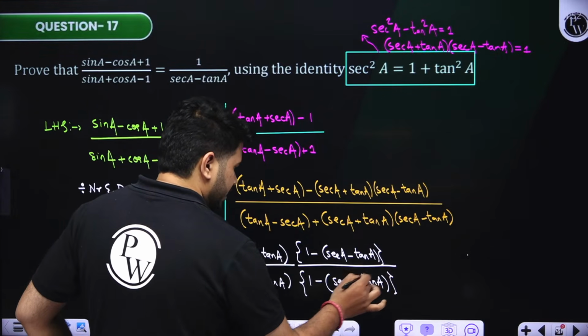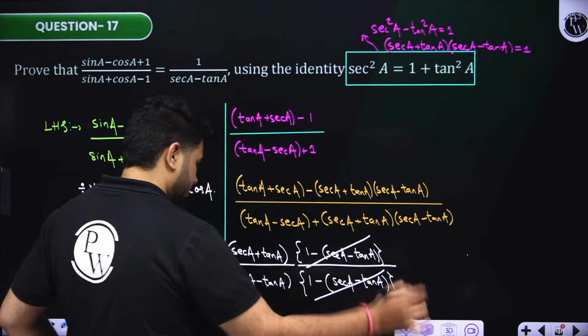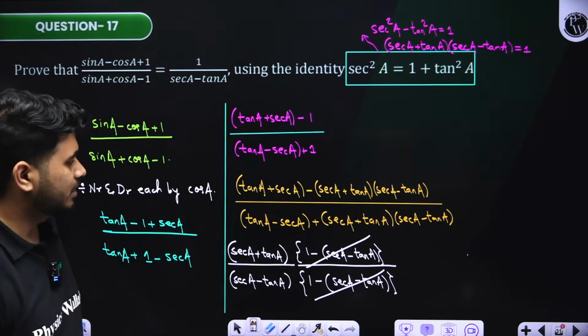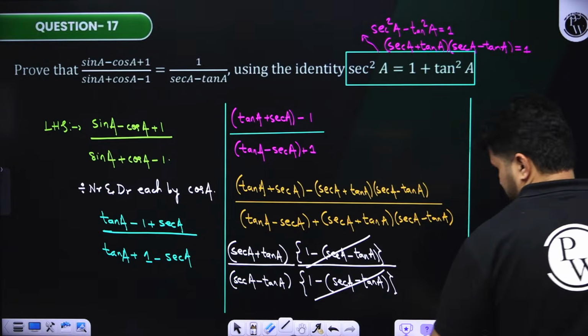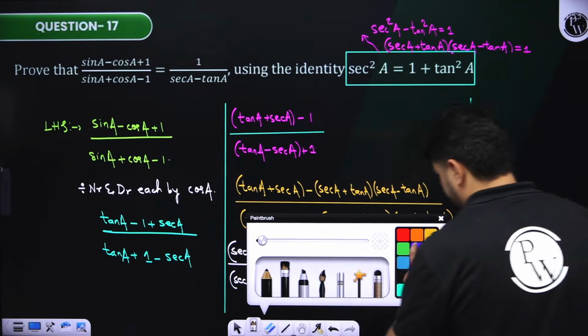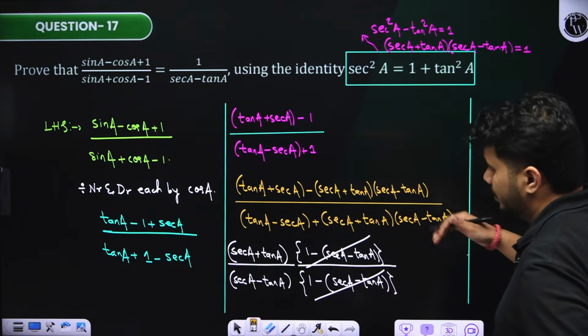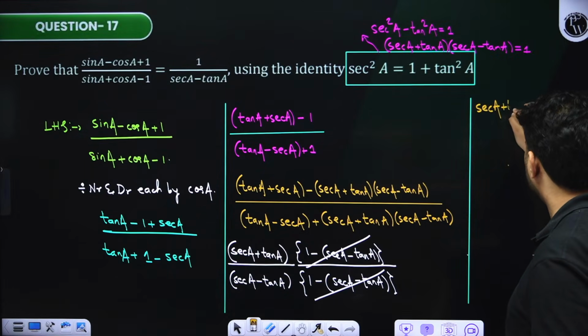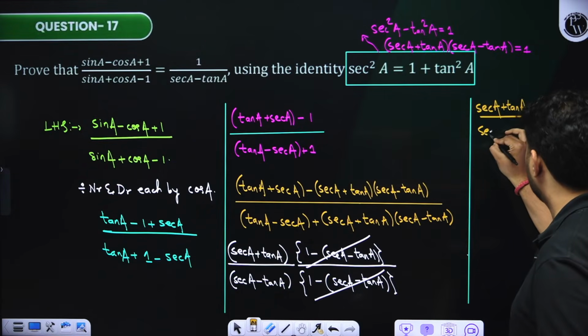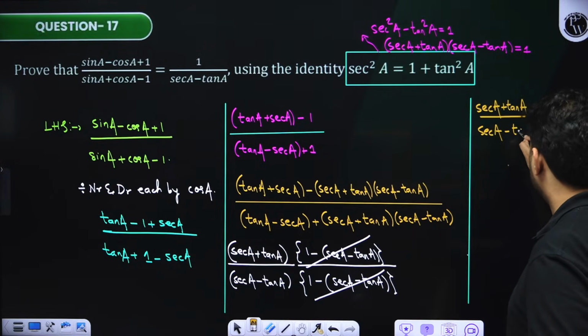So in that case this will get cancelled over here, understood? So finally this is the term we are remaining with, that is secant a plus tan a divided by secant a minus tan a, clear?